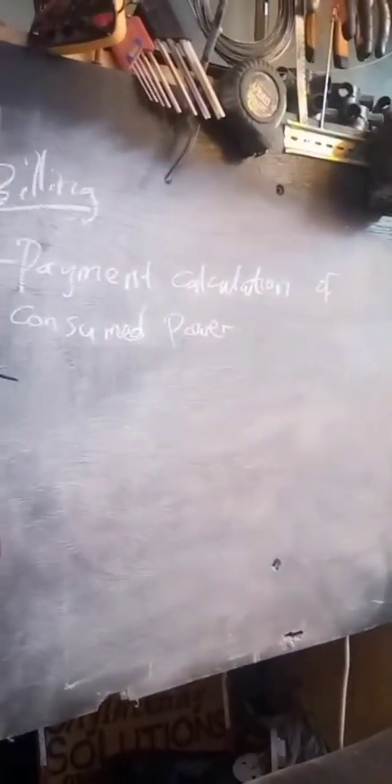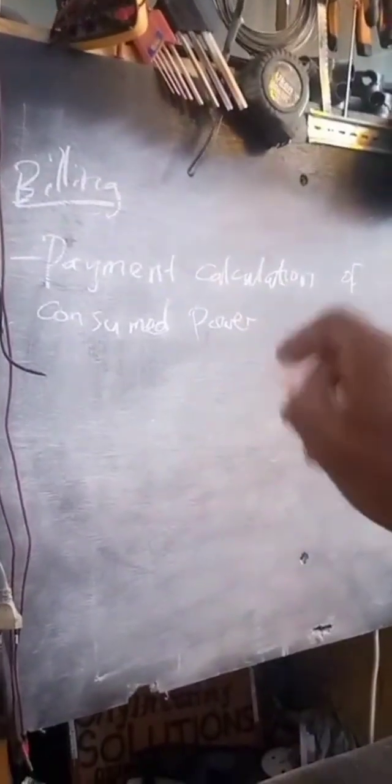Billing is payment calculation of consumed power. Payment calculation of consumed power is done through metering.